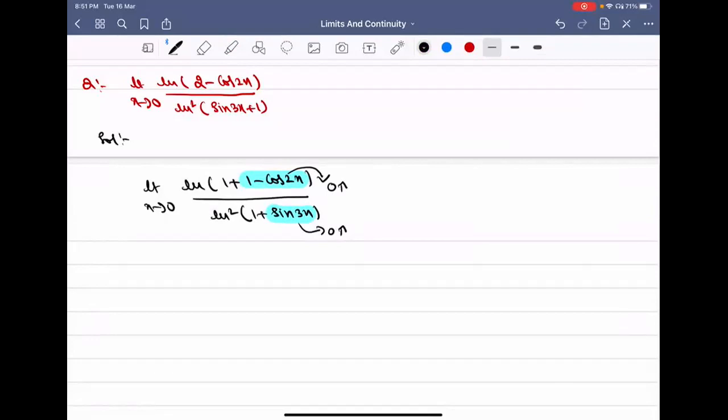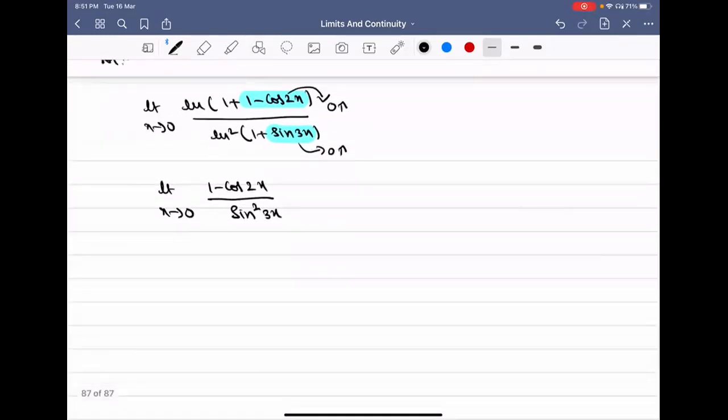What is the equivalent infinitesimal of ln of 1 plus 1 minus cos 2x? It is 1 minus cos 2x, since 1 minus cos 2x tends to 0. Similarly, the equivalent infinitesimal of ln of 1 plus sin 3x is sin 3x. So you can replace the numerator with 1 minus cos 2x and the denominator with sin square 3x.